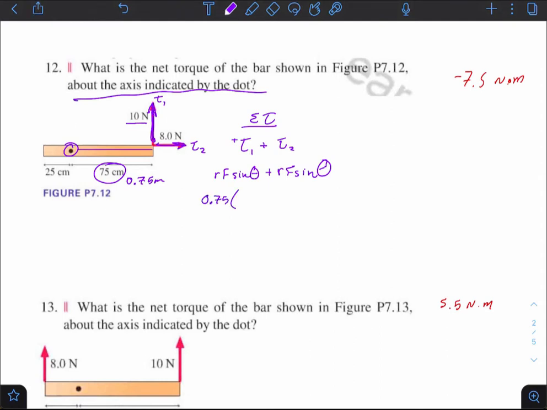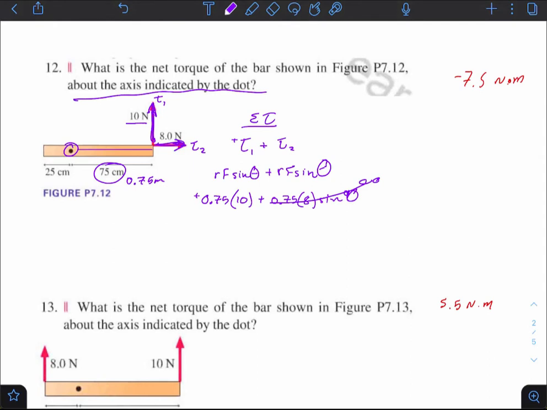F1 is 10, and it is positive, times sine 90, which is 1, plus 0.75 for the radial arm of 2, times 8, but it's parallel, so it's going to be sine 0, because they're parallel. Sine 0 is 0. Which makes sense because the force is completely out.